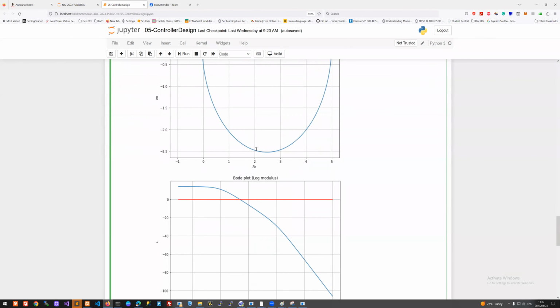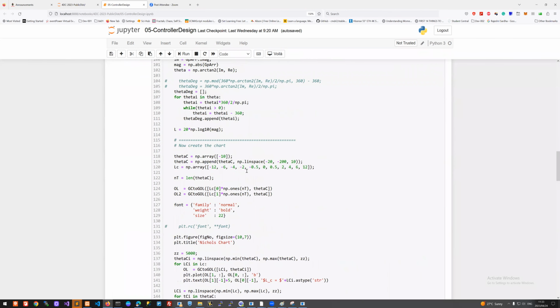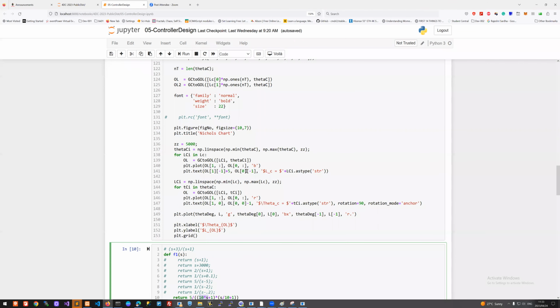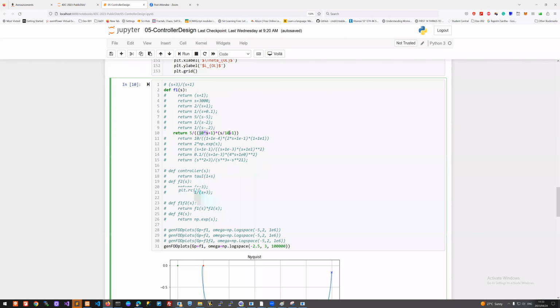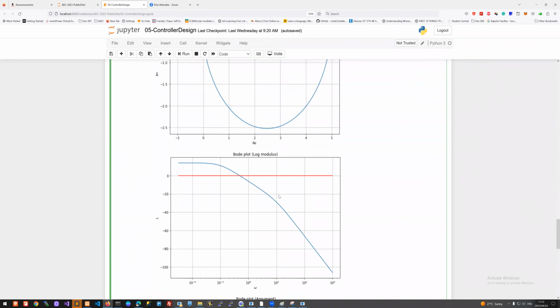And then if you go here, the next term occurs at 10. Crossover is at 1/tau, and tau here is 1/10, so the crossover is at 10. At 10, we get an additional -20, so the slope sharpens, and this is now a slope of -40.